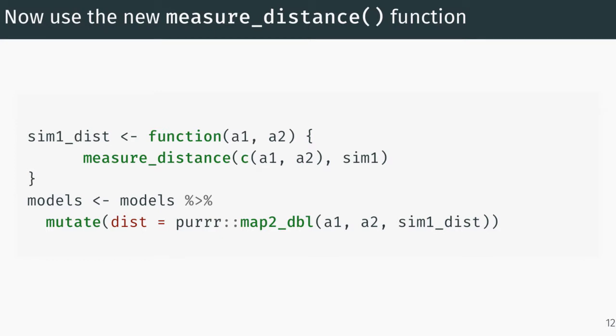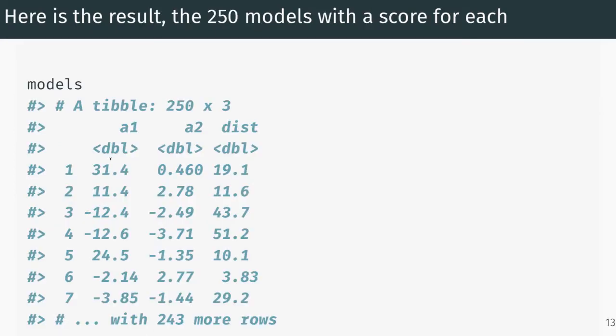It's easier to just look at the data here. So we have the A1 value, the A2 value, and the score. This is telling us for each pair, and we've got 250 of these, a number that is the score of how good that prediction is. And in this group of 7 that we're looking at here, this one is by far the best.